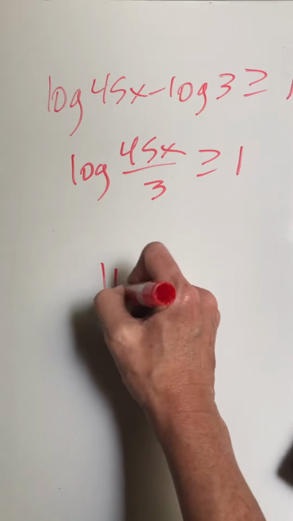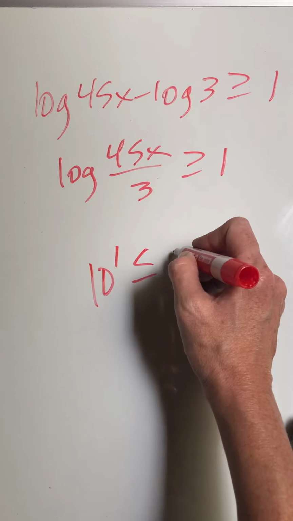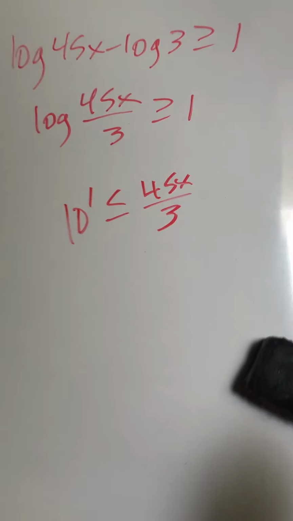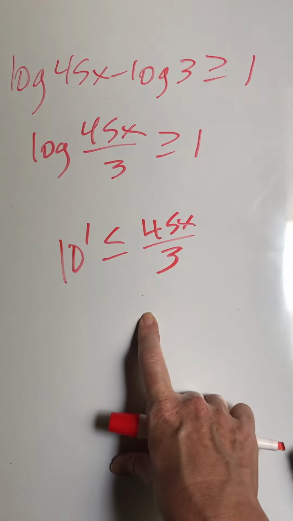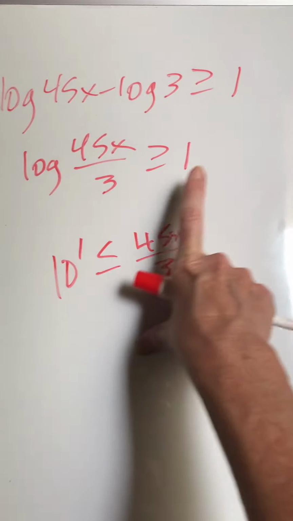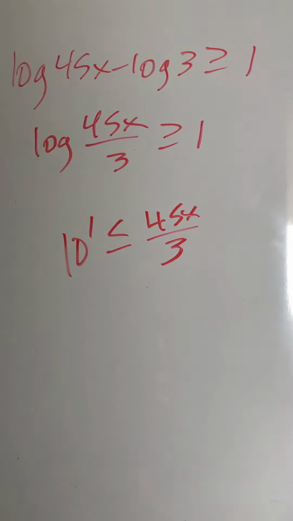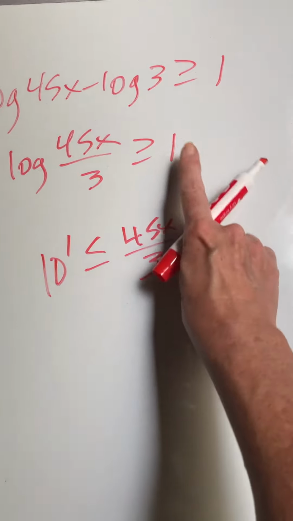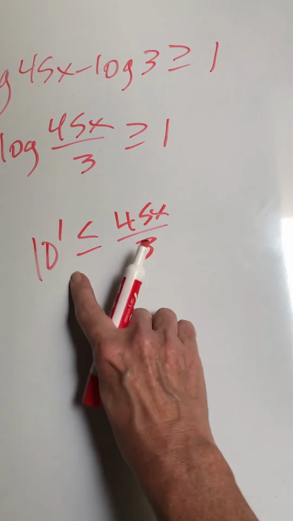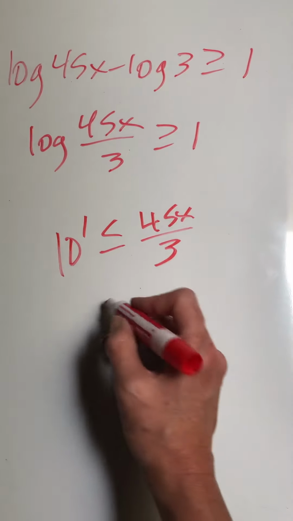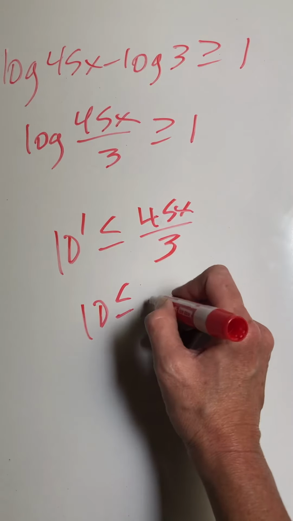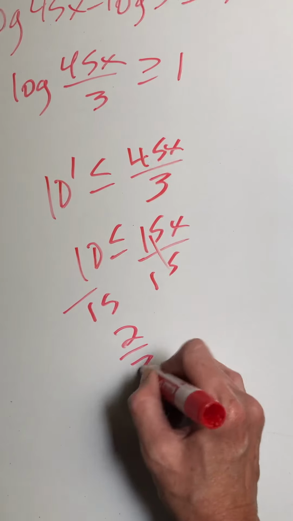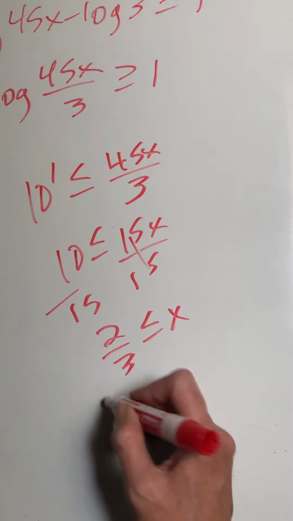Right here, when you do the 10 to the first, you do need to change your inequality. So this would be 45x over 3. You do need to change that when you rewrite. So my base is 10, my exponent's 1. If it's pointing to the exponent, it's got to stay pointing to the exponent. So do flip that. Didn't think you had to, but I was wrong. So we divide by 15. It's still 2/3, but x should be greater than or equal to 2/3.